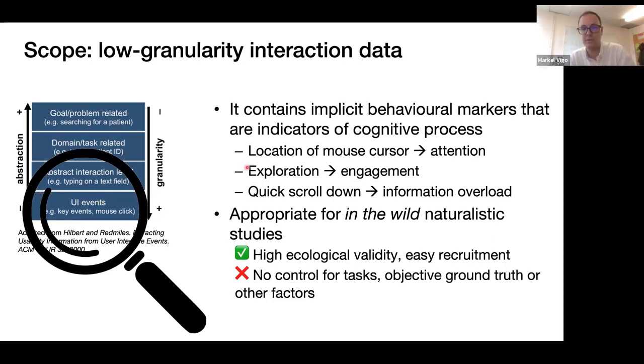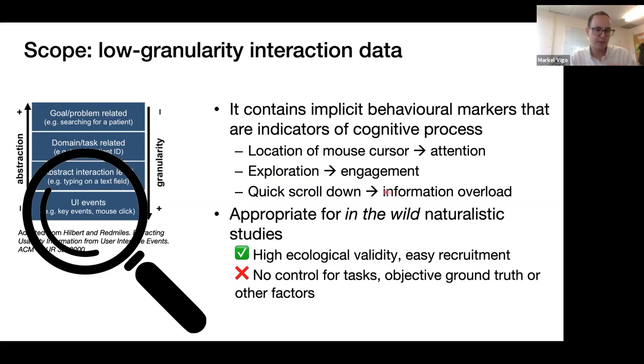This is basically because this kind of data contains behavioral markers that are indicators of cognitive processes. So, for instance, the location of the mouse cursor can tell me where people are looking, and I can infer the attention of users on specific parts of the screen. Exploratory types of behavior are indicators of whether people are engaged or not with an interactive system. If I can observe someone scrolling down quickly, this may suggest that they are suffering from information overload, okay?